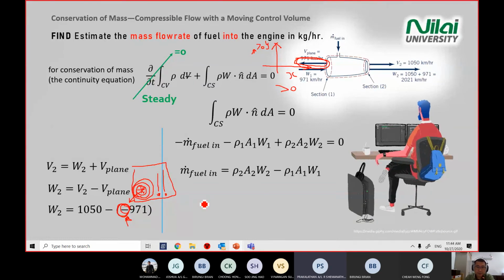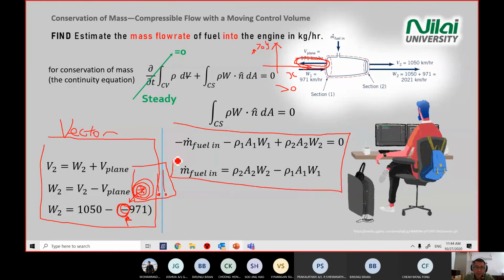If output means it's positive, right? No, okay. You don't confuse it with the vector. This side is on the vector. This equation, negative positive, is on the control surface. This one focuses on the control surface. You don't confuse these two.